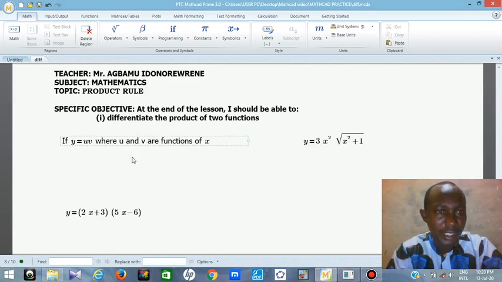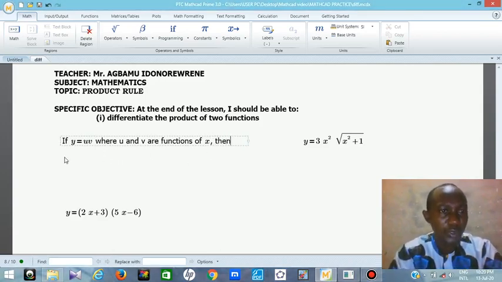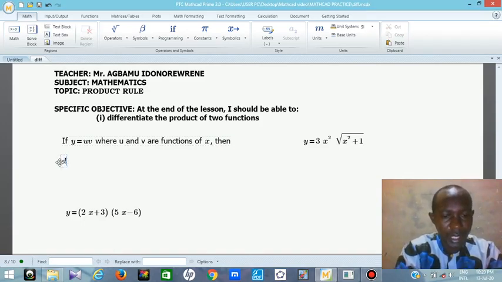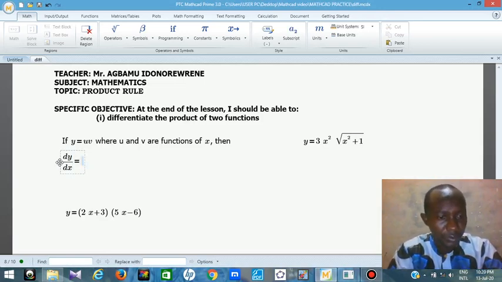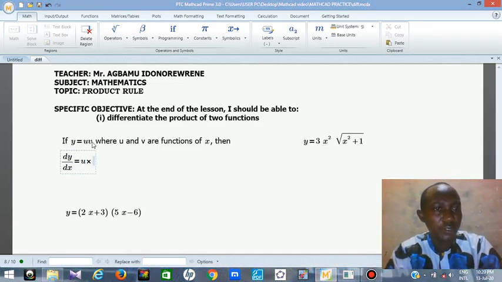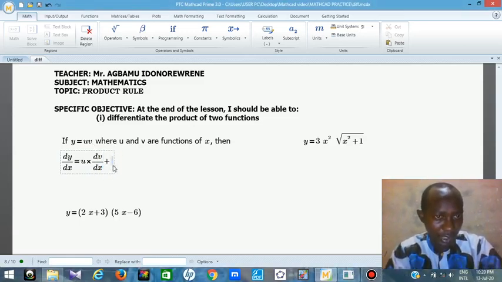So by the time you get this condition, what are you going to do? Product rule says dy/dx will be equal to, you pick the first function, which is u, you put it down, then you multiply it by differentiation of the second function, which is dv/dx. Then you add plus, it's always addition, take note.